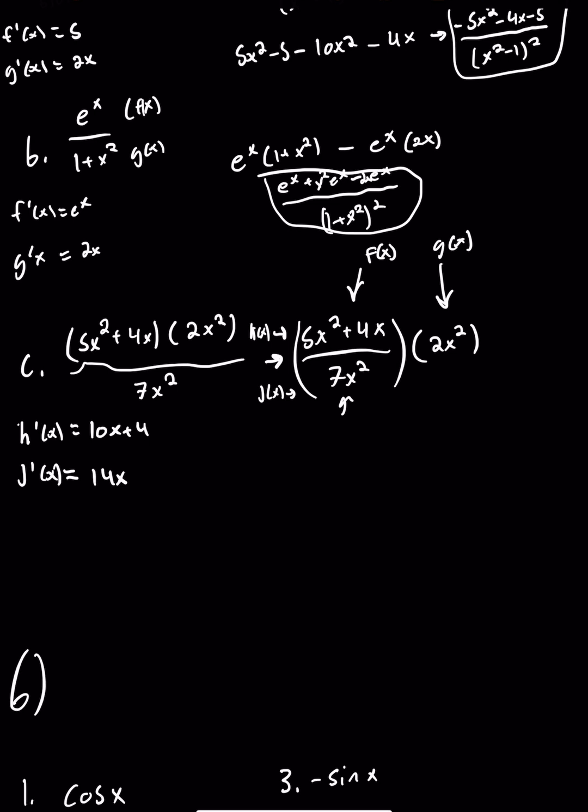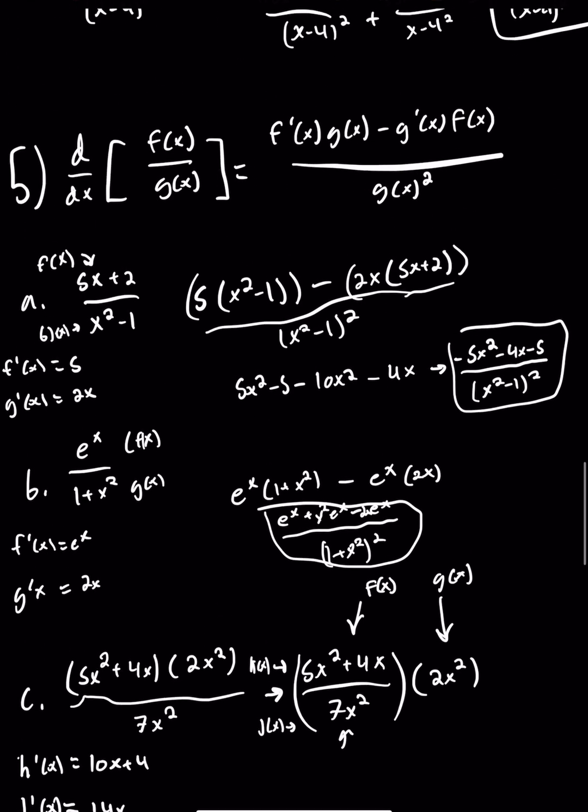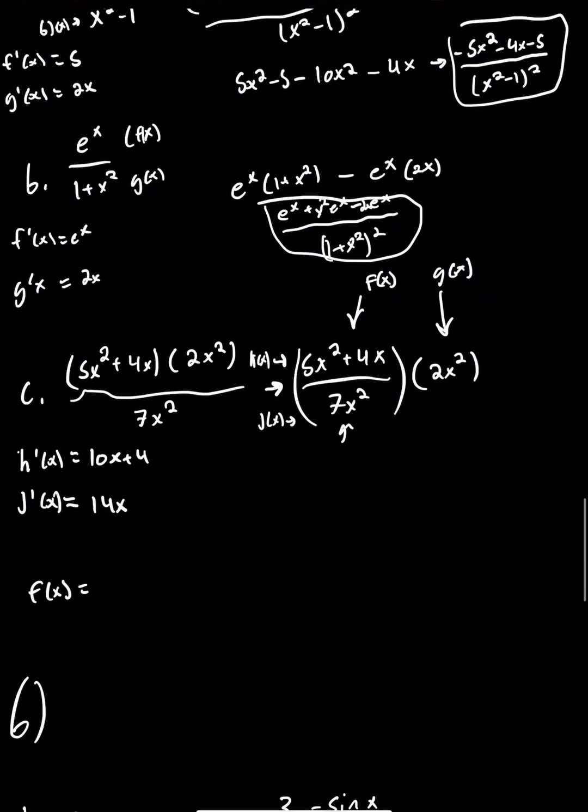Okay, so using the product rule, our f of x is going to end up equaling f prime first, so 10x plus 4 times g of x, which is 7x squared, minus 14x times 5x squared plus 4x.